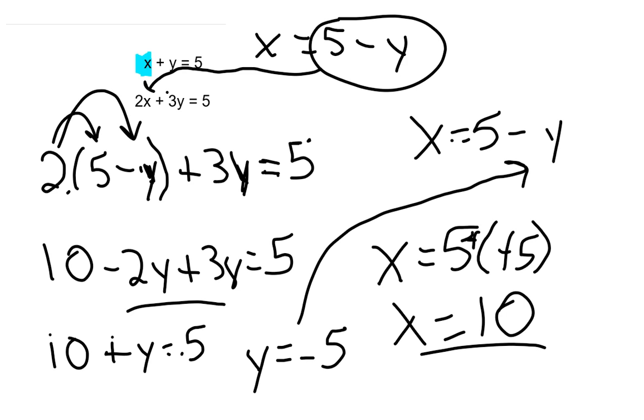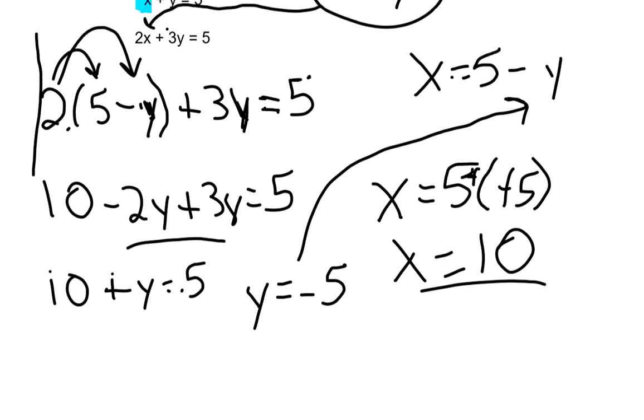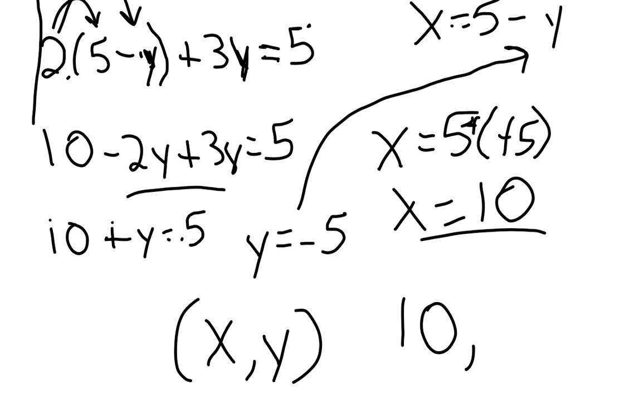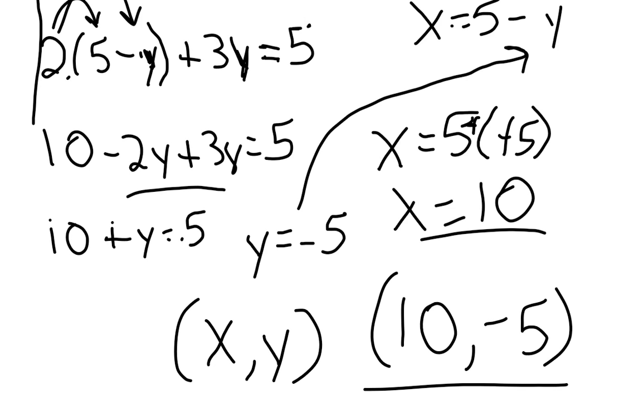And it's always best practice, once we have solved, just to write these out. So we write it in x, y form, just like it's a coordinate, because that is where they intersect. I'll write it as 10, negative 5. That's going to be my answer.